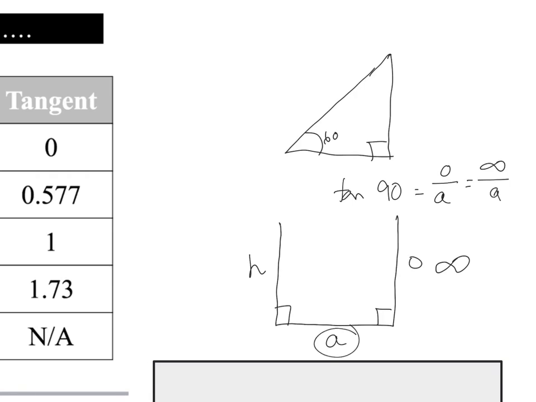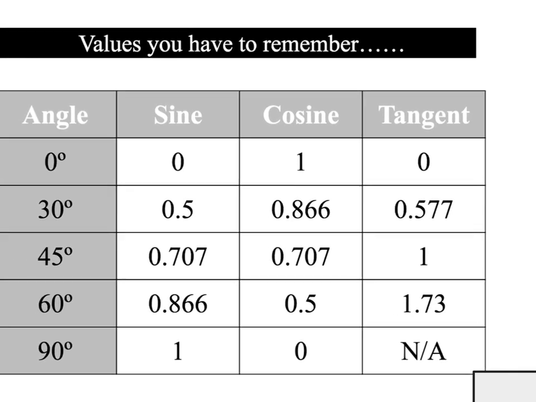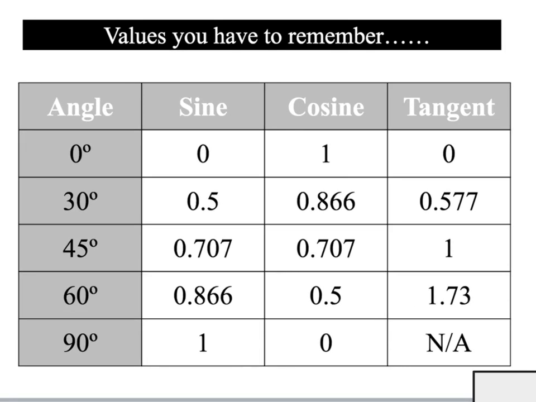And it doesn't matter what value a is, this will always equal infinite if you like. And so infinite isn't a number, and therefore we don't get a value. You'll probably have noticed that your graph for tangent will go steeply up to 90, but it'll never actually touch 90. There's not a value for it. So that is a weird result that can be explained like that.